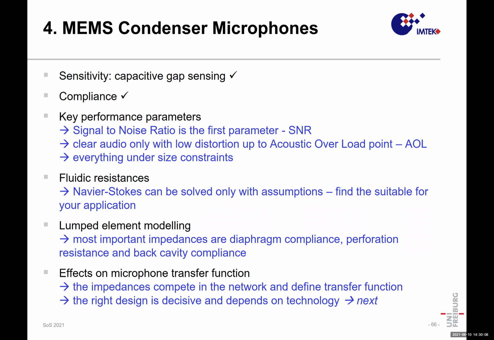We have developed the lumped element model for the cross-section basically of the microphone, and gone into some details of diaphragm, perforation, and back volumes. And I've given you a little insight in scaling, how important those systems are. And last but not least, we will in the next lecture see how they depend on each other and how we can add on the noise simulation.